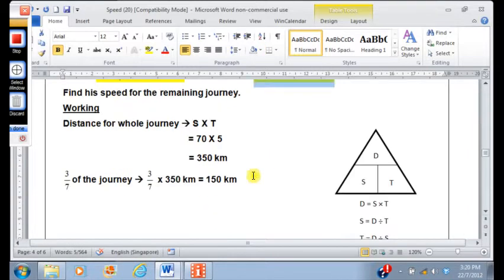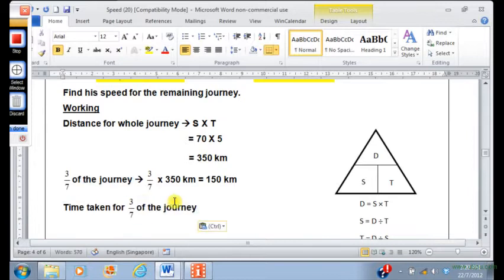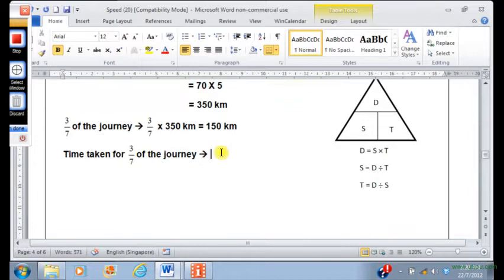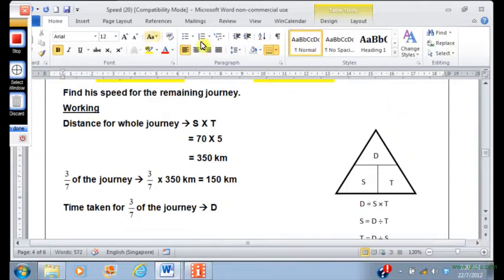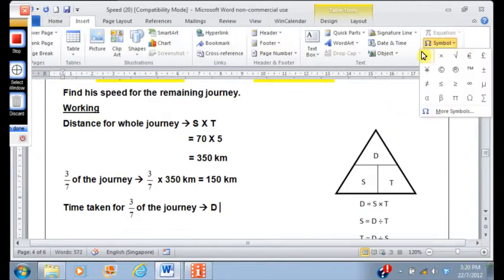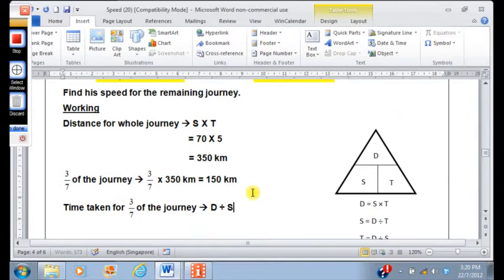So what was the time taken? Time taken for 3/7 of journey. Time taken will be, you take distance divided by your speed.